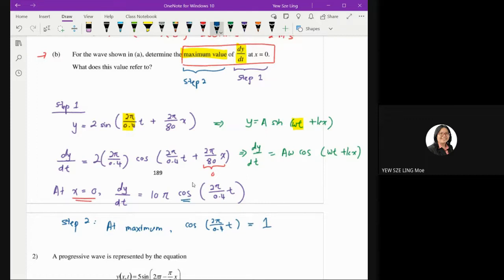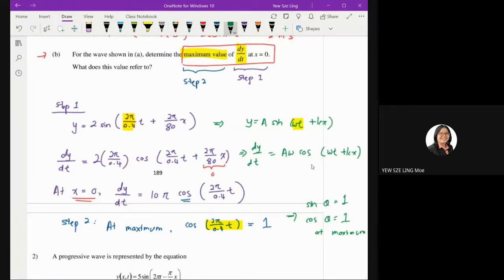It doesn't matter what the value inside the bracket is. As long as you have a cos function here, we always say cos theta equals 1 at maximum. Even if you have a sine function, we can also say sine theta equals 1 at maximum value.